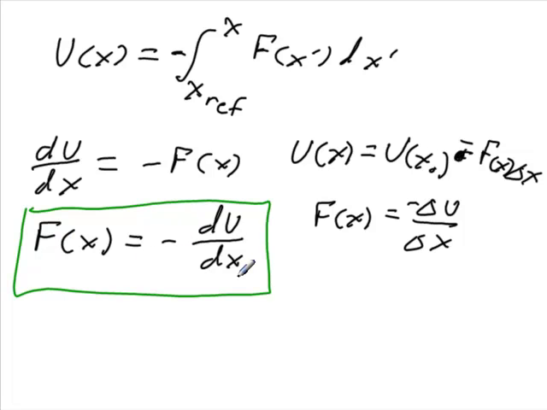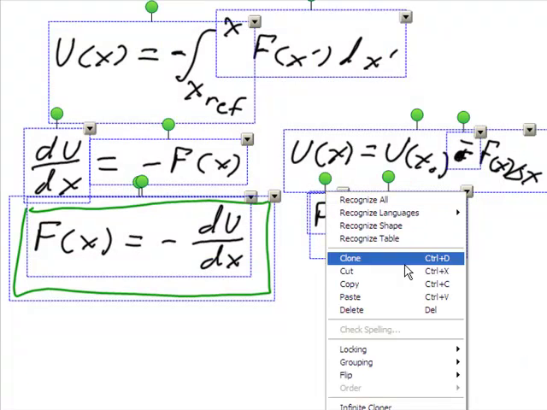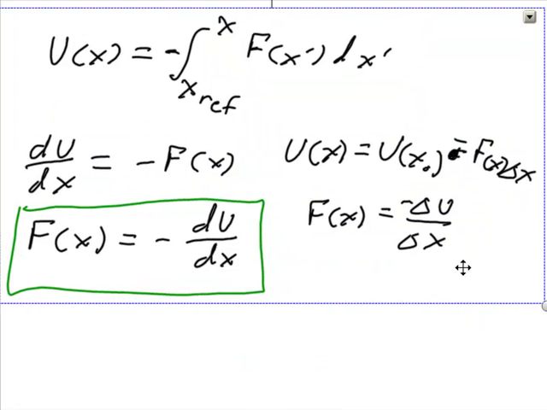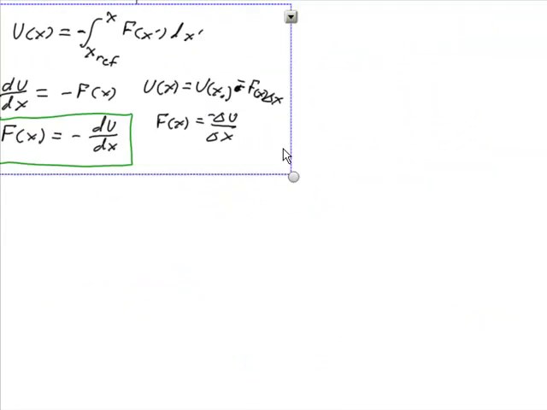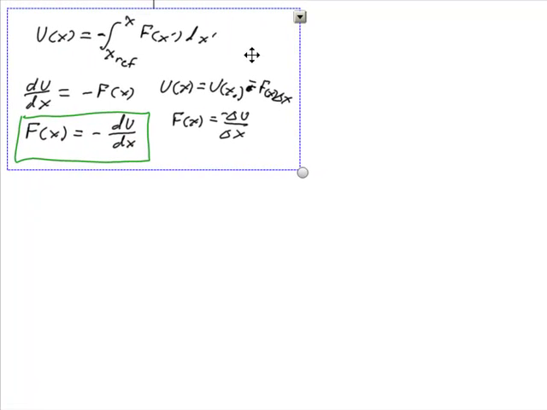That works really well in one dimension, which is all you really need to know for this class, but let's just talk about it briefly in a few more dimensions. It's a little challenging, but it'll help us next semester when we start dealing with electricity and magnetism, where we have to deal with potential energies that vary in all dimensions.